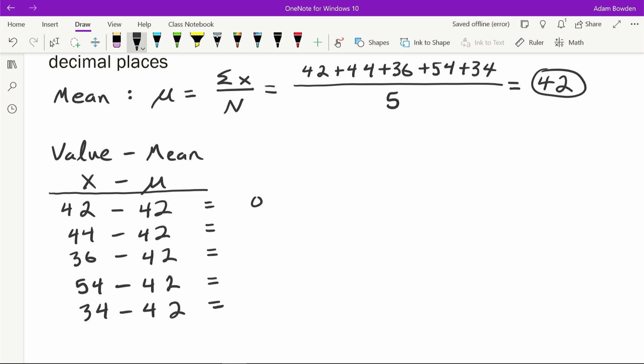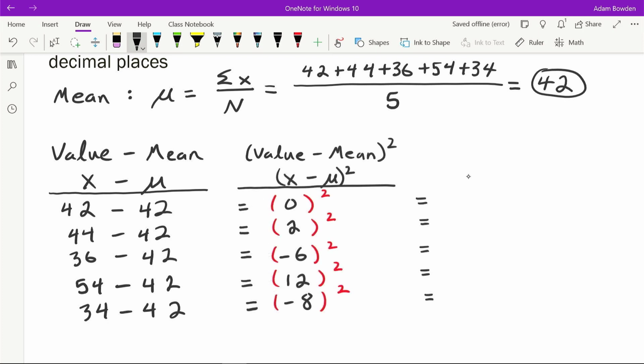Okay, and we'll get numbers out like 0, 2, -6, 12, and -8. The next step is to square these numbers. As a result, what we're going to get here is 0, 4, 36, 144, and 64.